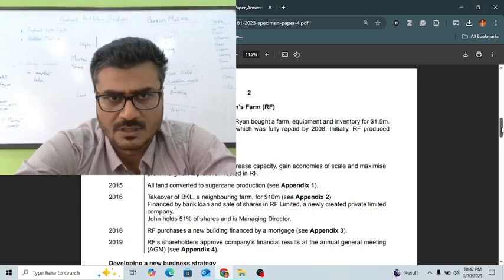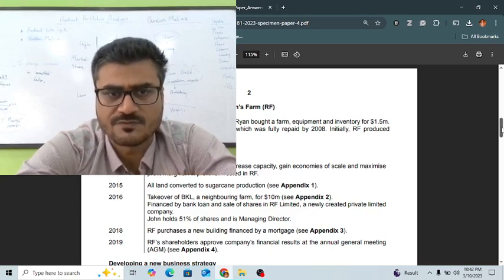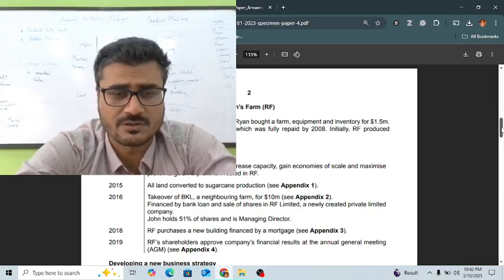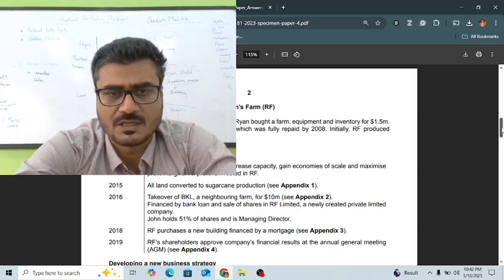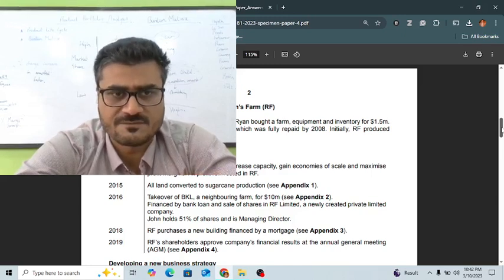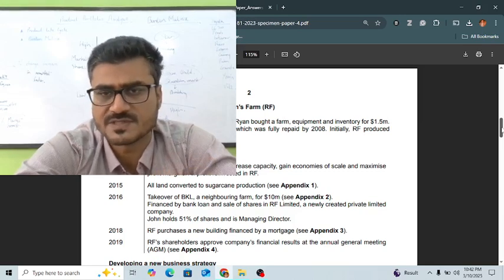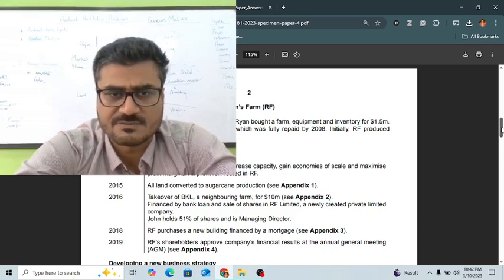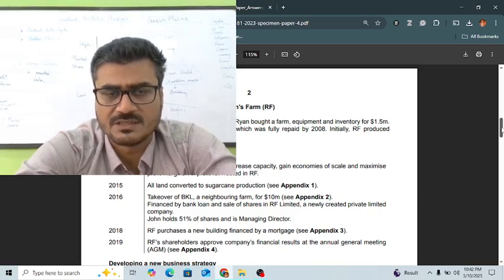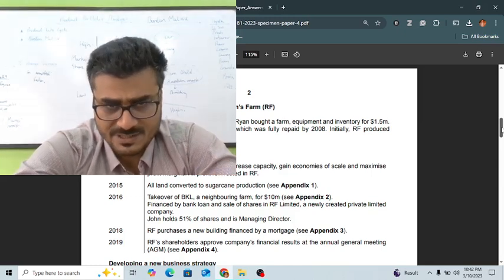You can easily see that this is a type of internal growth, in which the business expands its already existing operations by increasing the capacity. RF expanded their capacity and gained the benefits of economies of scale, which would have helped them decrease the cost of production and maximize profit margins. But obviously they didn't. He reinvested all of these profits into the business for expansion. So these are the analysis points you can discuss in your answer.